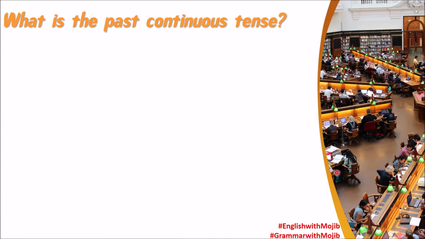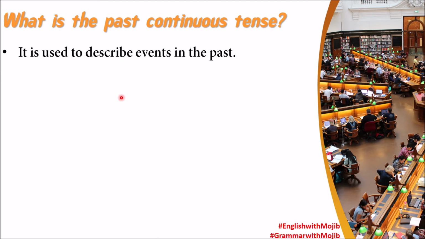Okay, simple past is finished. Now we're going to talk about past continuous tense. What is the past continuous tense? It is used to describe events in the past. So far they're the same. Past continuous and simple past tenses are the same according to the time they're describing.